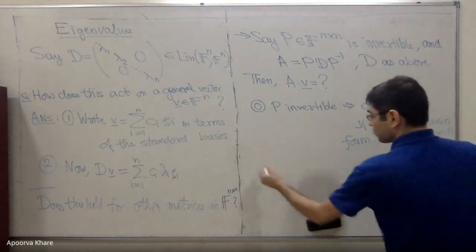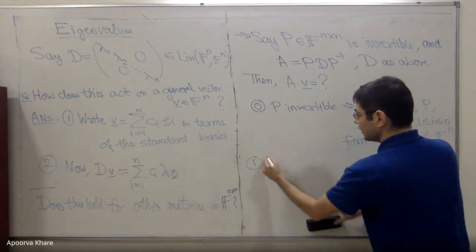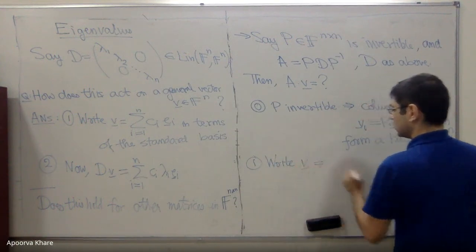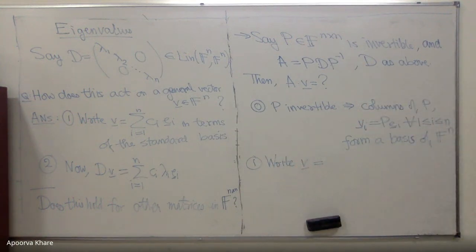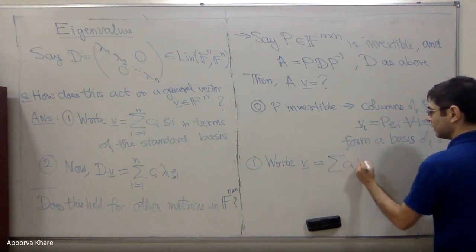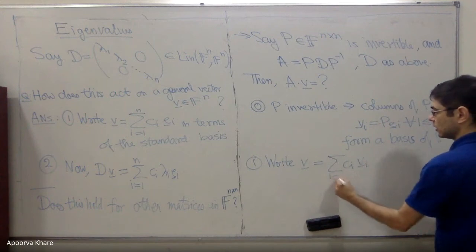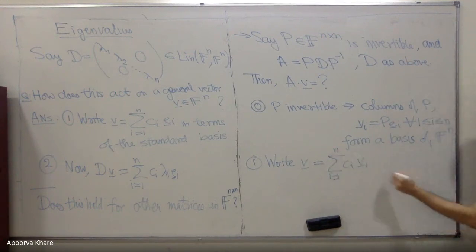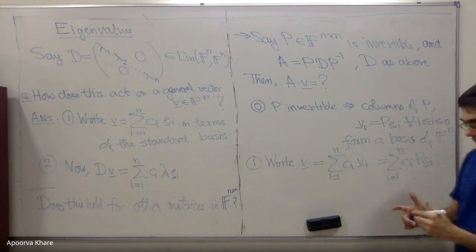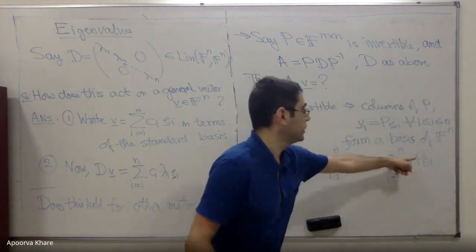Okay, so now step 1 is exactly the same thing. Write B in terms of this basis: the sum of Ci Vi. Or you can say the sum of Ci P Ei. The other way to say this is to take the P on the other side, right?